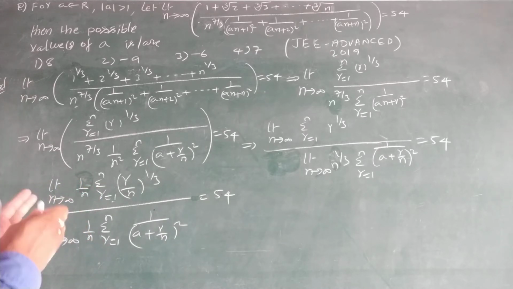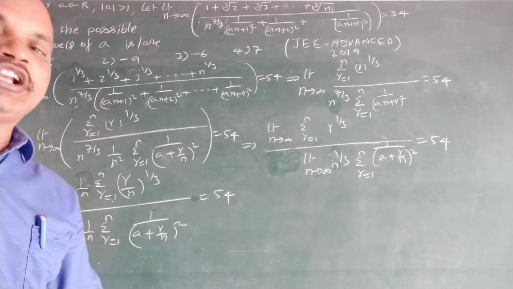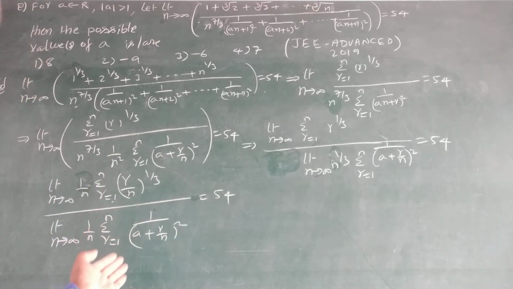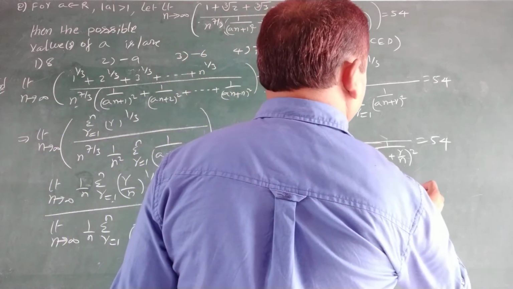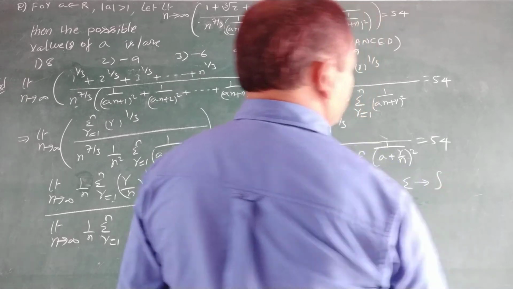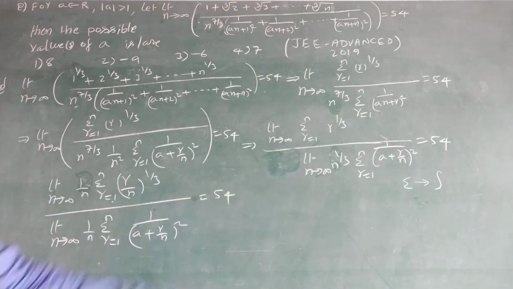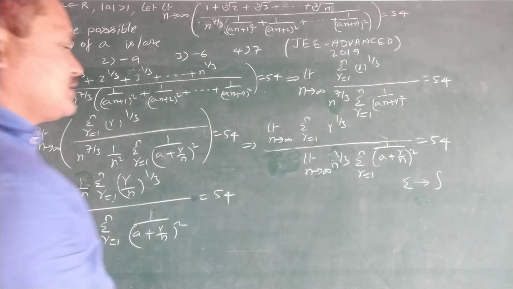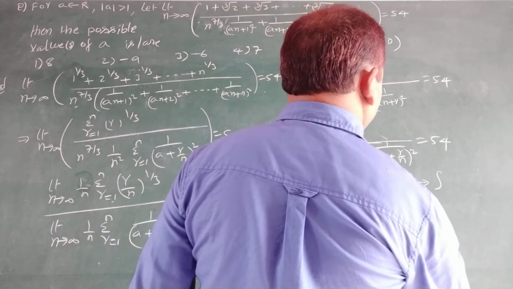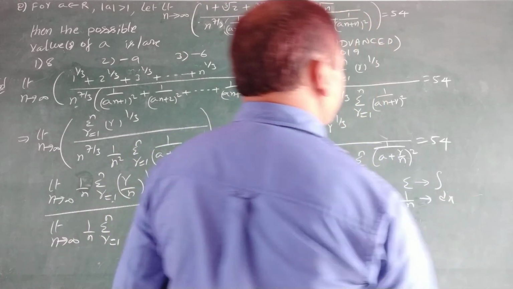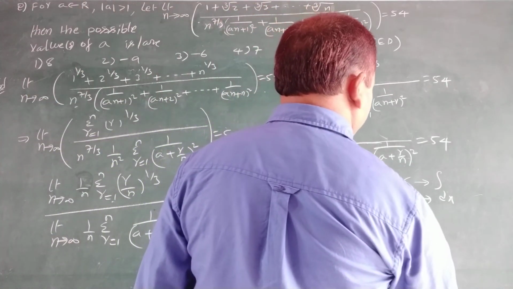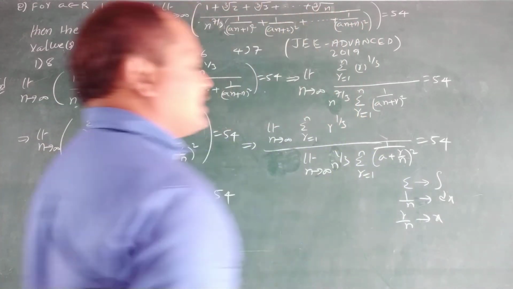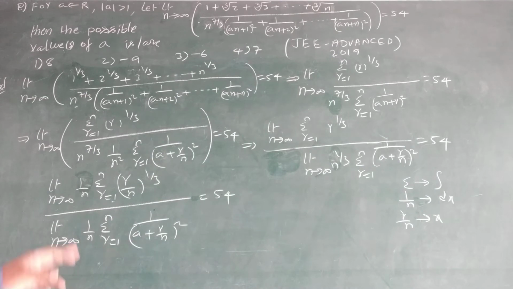Now this limit of a sum is converted into integration. Sigma changes to integration, 1/n changes to dx, and r/n is taken as x.